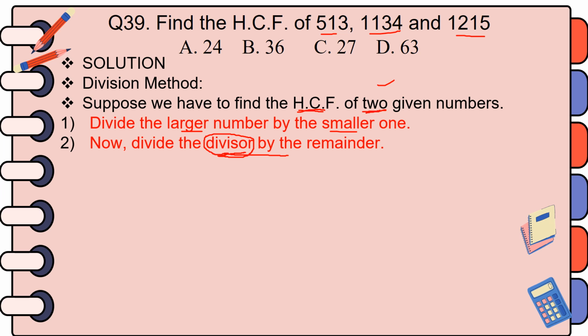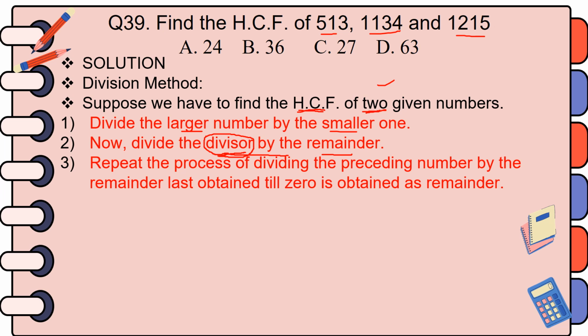That means the previous smaller number was the divisor, so you have to divide that previous divisor by the remainder. When you are doing this again, you get another remainder.